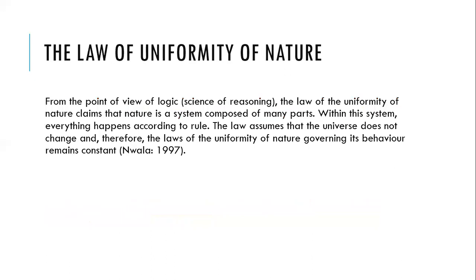The law of uniformity of nature, from the point of view of logic, claims that nature is a system composed of many parts. Within this system, everything happens according to rules. The law assumes that the universe does not change, and therefore the laws of the uniformity of nature governing its behavior remain constant.